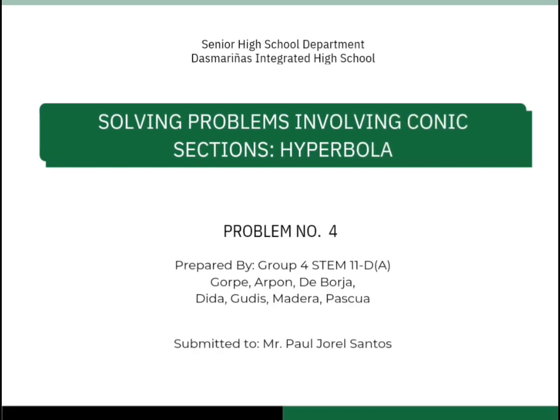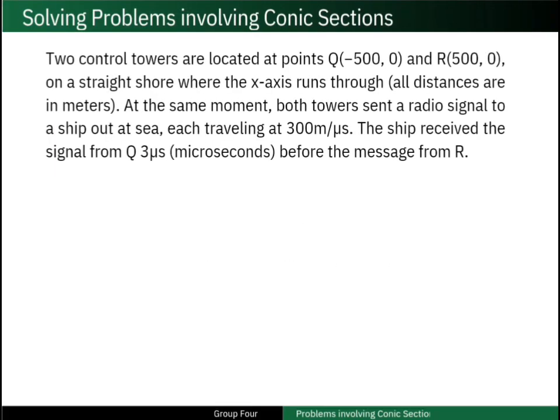Today we are going to perform our problem solving about question number 4 involving conic section hyperbola. This is the question given to our group. Two control towers are located at points negative 500 at Q coordinate and positive 500 at R coordinate, on a straight shore where the x-axis runs through.